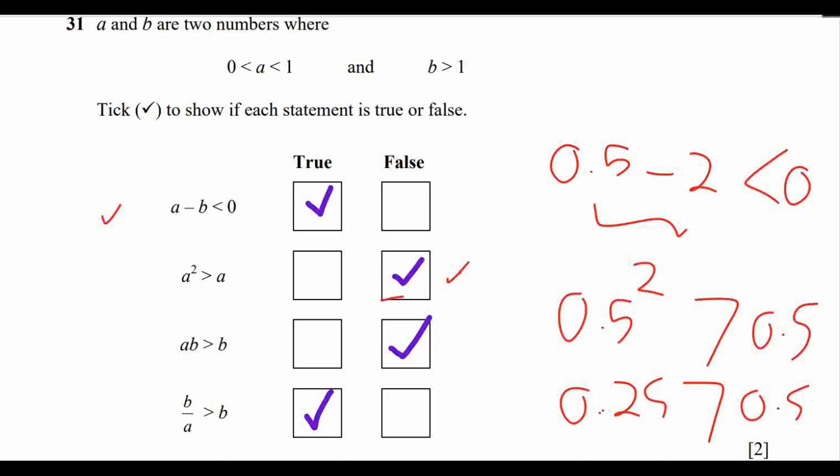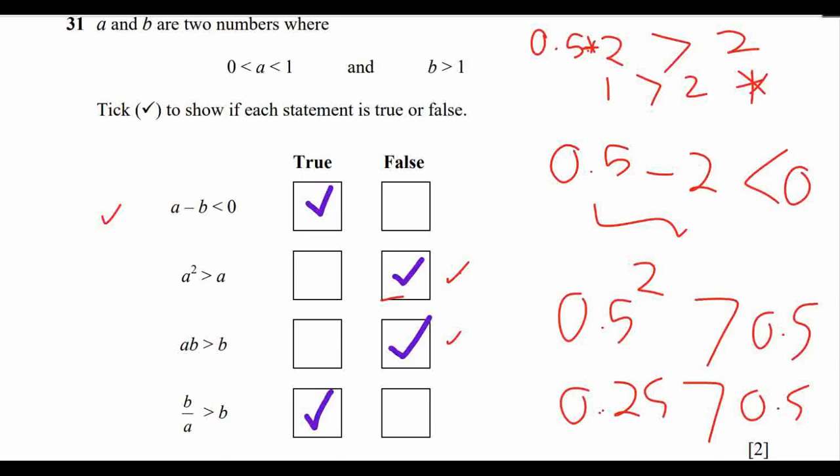Next, A times B is greater than B. Let's say A is 0.5 times B is 2, is it greater than B which is 2? So 0.5 times 2 is 1, and 1 greater than 2 is not correct, so this is false.